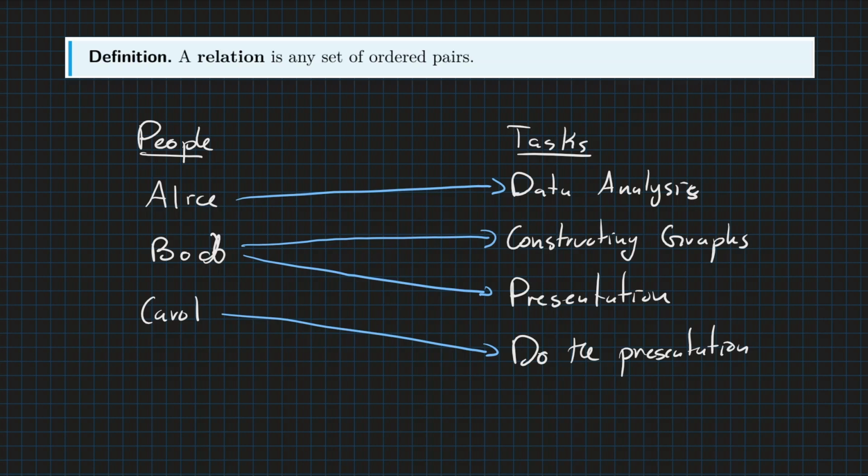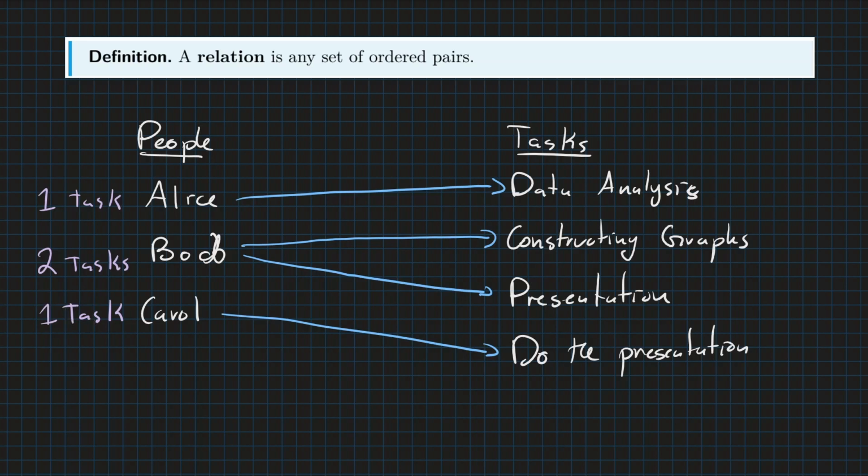So here I assigned each person a task to do. And in fact, the thing to notice is that I assigned Bob 2 tasks. So Bob gets 2 tasks, Alice gets 1 task, and Carol gets 1 task. So to note, each person gets a task, even though Bob gets 2 tasks.